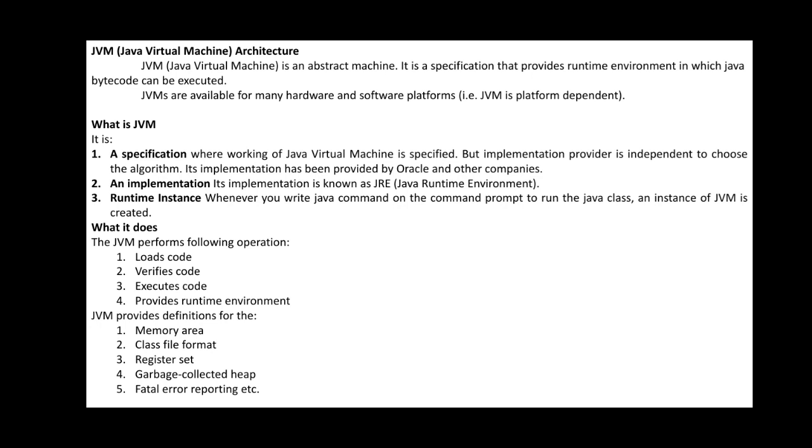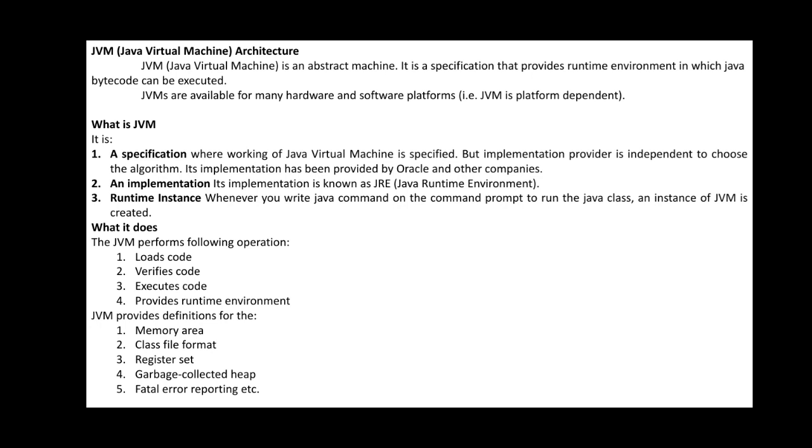It is going to provide a memory area for long lasting. Then it is used for class file format. As I said, when you are going to create an instance, at that time it will be created with a dot class file, which is going to set a connection between your source code and the execution mode.